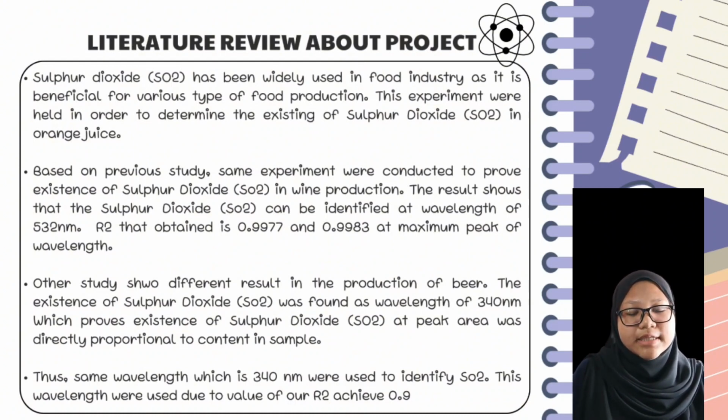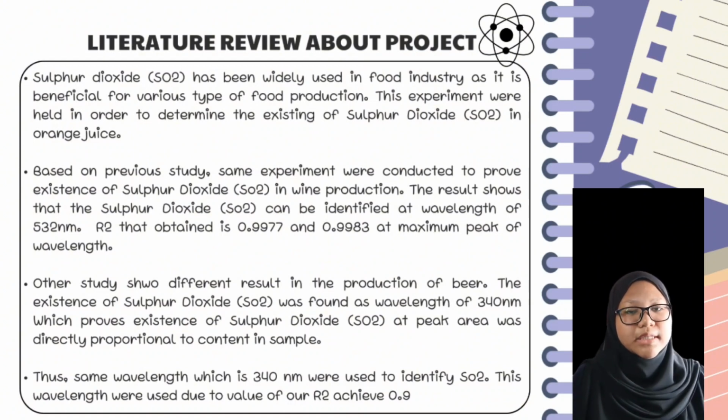Other studies show that sulfur dioxide, SO2, can be identified in the production of beer with a wavelength of 340 nm. It shows that the R-square value achieved 0.997. In this way, it can be proved that sulfur dioxide is directly proportional to the content in the sample.